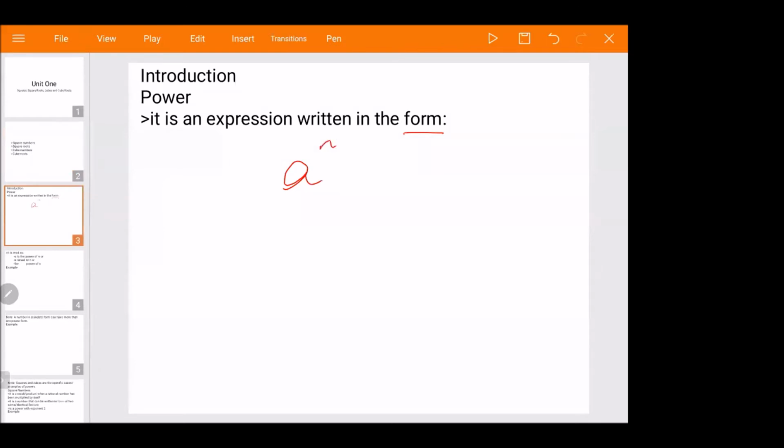Any expression written in this form is called a power. For this case, we can name the number written in this position the base, and the number written in this position the exponent. So any number written in this form is considered a power.